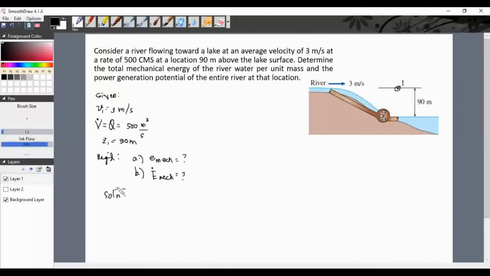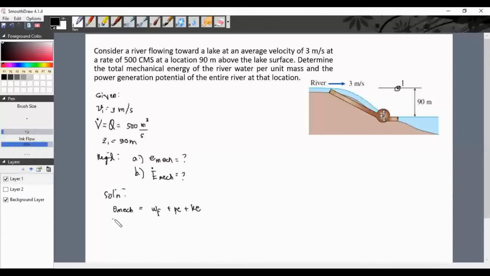From our lecture, we have mechanical energy per mass basis is equal to flow energy o flow work. Mass basis yan, kaya maliit na letters, plus potential energy plus kinetic energy. Okay?